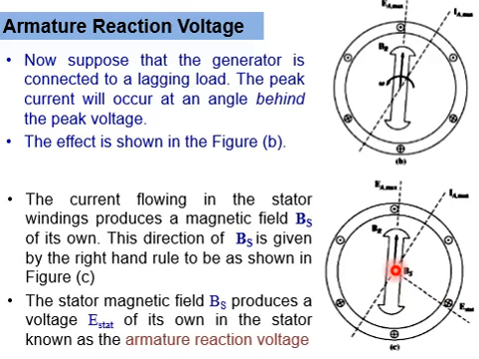So this stator magnetic field produces a voltage of its own in the stator, written as E stat, known as the armature reaction voltage.